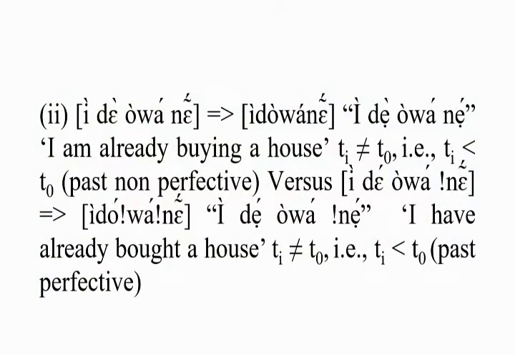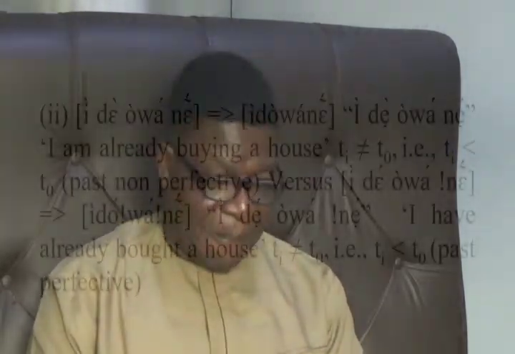As opposed to Ide owane, that is, I have already bought a house. That is, the action is completed.